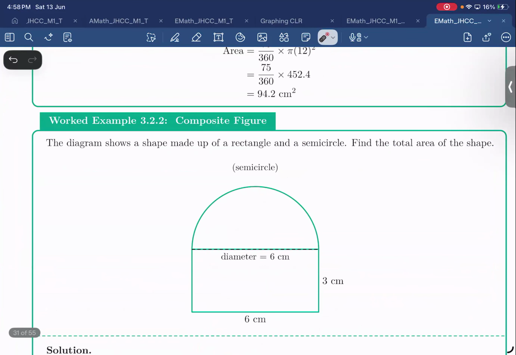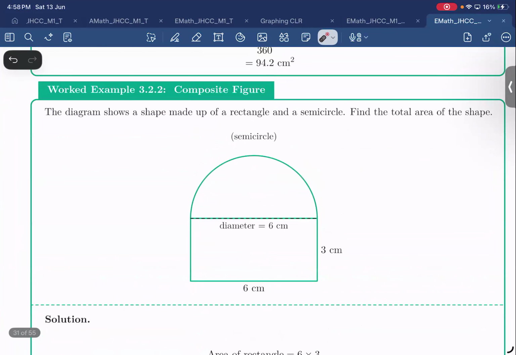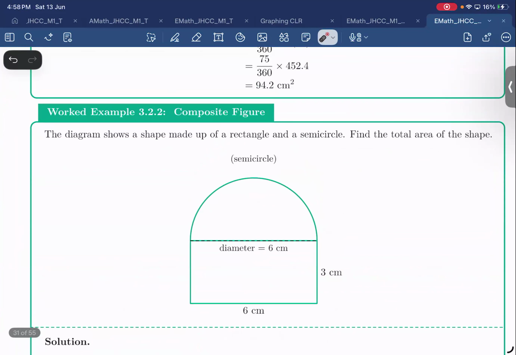Then next, composite figures. Composite figures is when you include more than one of these shapes together, like a semicircle and a rectangle. Find the total area of the sheet. Very simple, you just add them together. The area of the semicircle is pi r squared divided by 2, since it's half of a circle. The diameter is 6 cm, so the radius is 3.